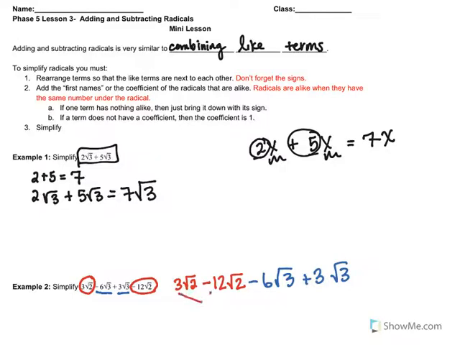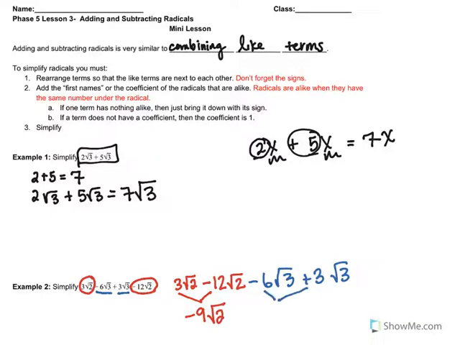I have 3 plus negative 12, so I'm going to put in my calculator 3 plus negative 12. 3 plus negative 12 actually gives me negative 9, and I keep the last name. So that's negative 9 radical 2, because 3 minus 12 is negative 9. And now I'm going to combine these two things.